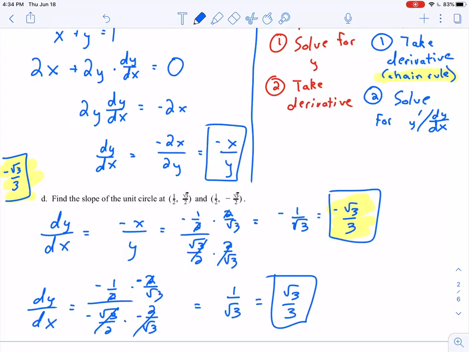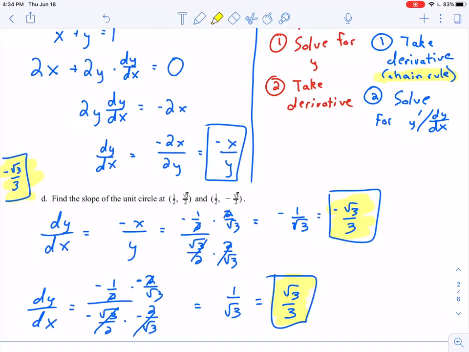Look at that. So this is the reason why we're going to take a little bit of time in this section to talk about implicit differentiation, because it really helps us when looking at derivatives of certain relations. It helps us come up with derivatives that are not only easier to find, but also easier to work with.